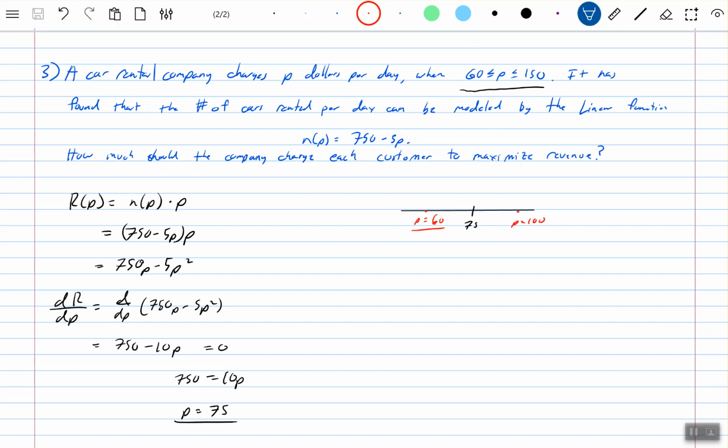If P is equal to 60, then the derivative is going to be positive. That means this function is increasing. P is equal to 100, it's going to be negative. So what does that tell us? We have a relative maximum at P is equal to 75. So P equal to 75 is where we have a local max.